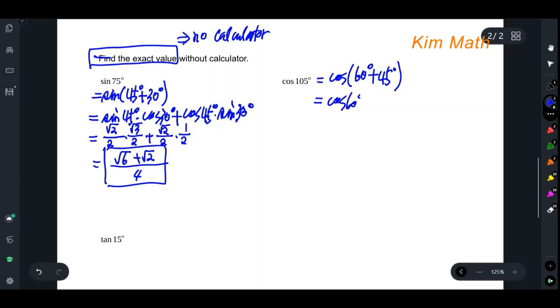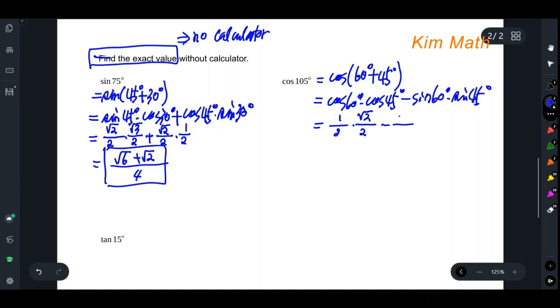Cosine 60 times cosine 45 degrees minus sine 60 times sine 45 degrees, right? Cosine 60 is 1/2, and cosine 45 is 1 over radical 2 or radical 2 over 2.